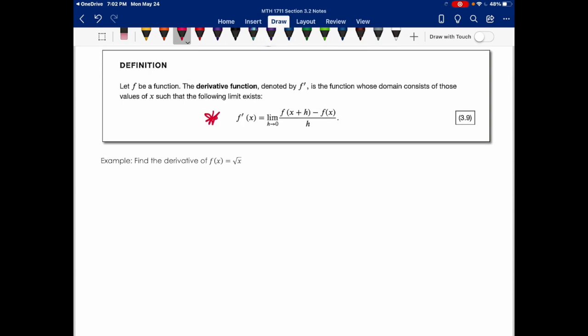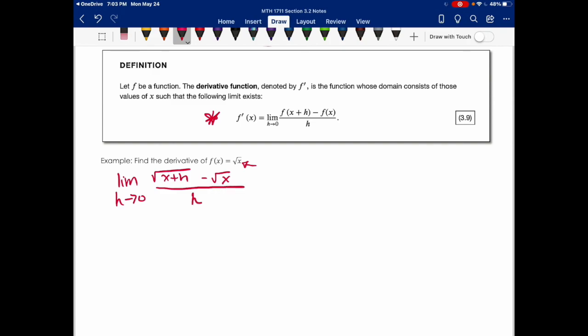So we're going to walk through some examples. I'm going to show you how this works. So to find the derivative of the square root of x so that we have it in terms of a function where we could plug in any value of x we want to find the slope of the tangent line, we're going to take the limit as h approaches 0 of the function f of x plus h, which means we have to plug in x plus h here. I have x plus h underneath the square root.